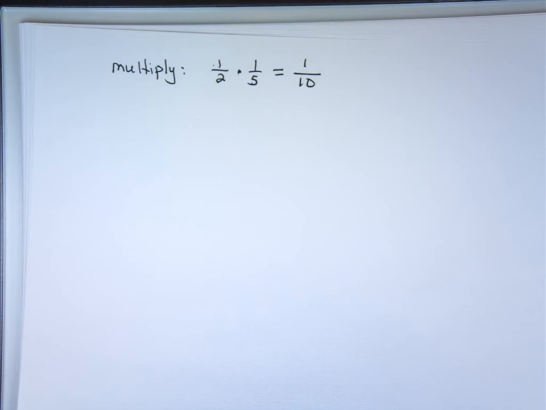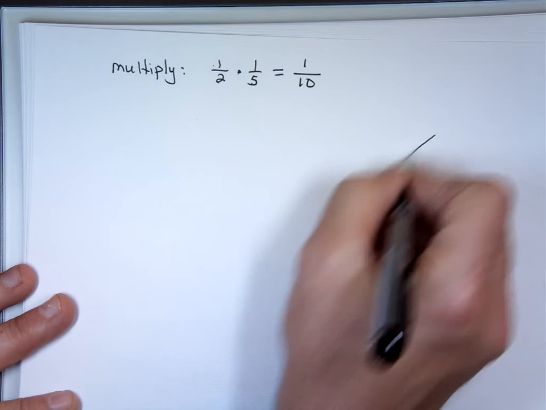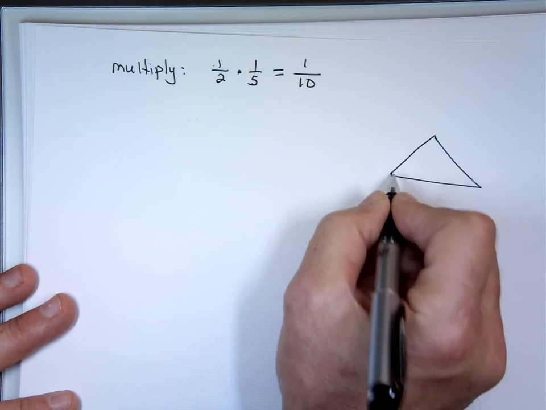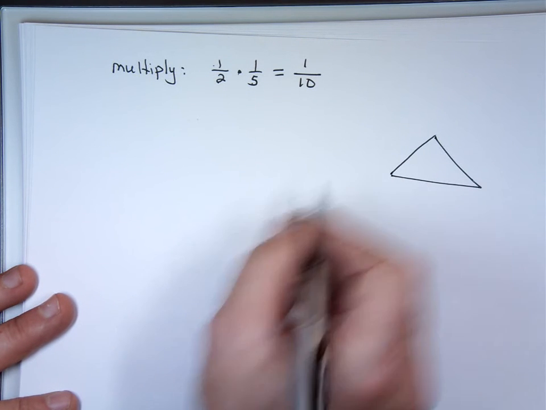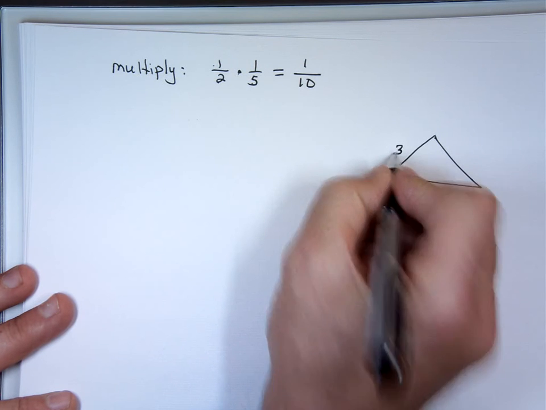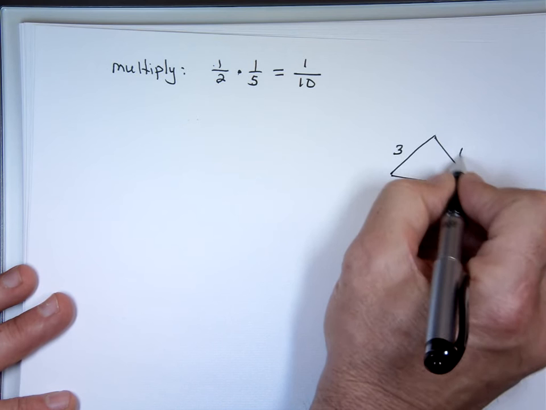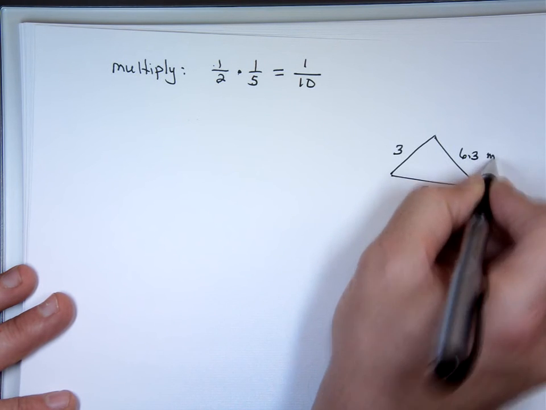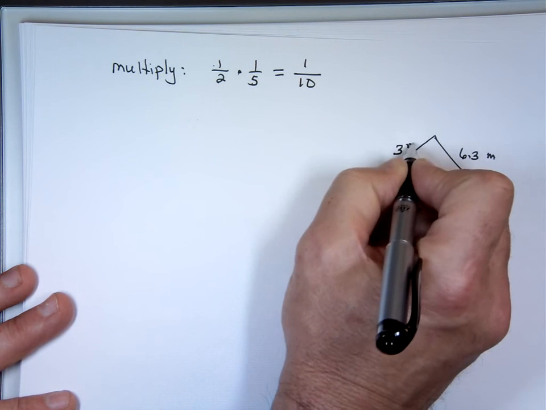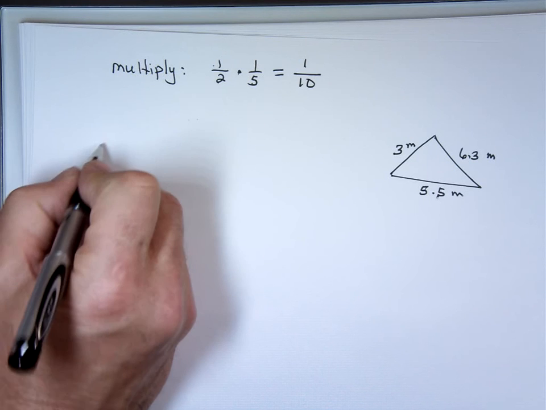Next question. We have a triangle. The sides are 3, 5.5, and 6.3, all meters. What's the perimeter?